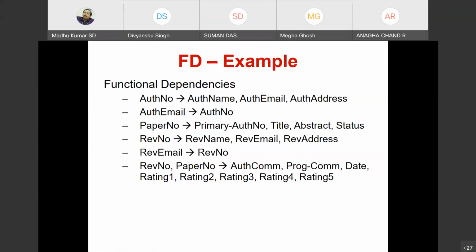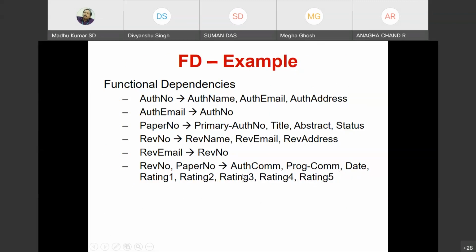So here, look at this particular FD. Revision number, paper number determines author, commission, program, committee, date, rating 1, rating 2, rating 3, rating 4, rating 5.